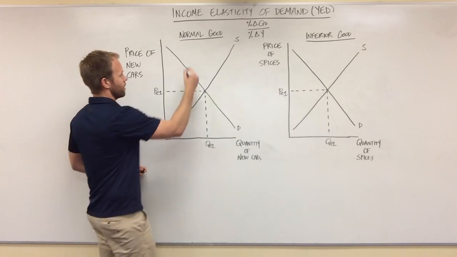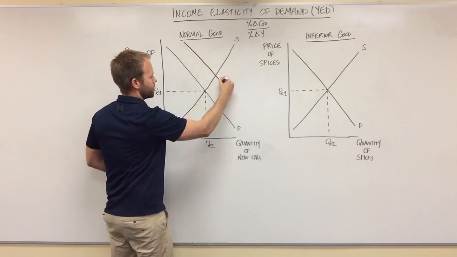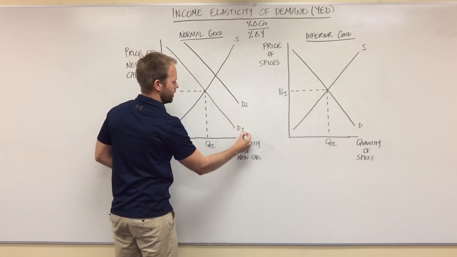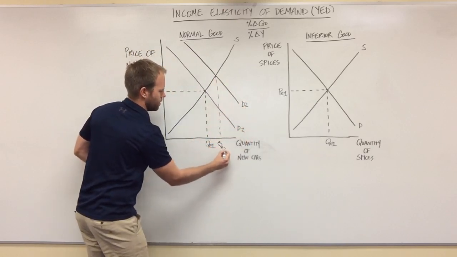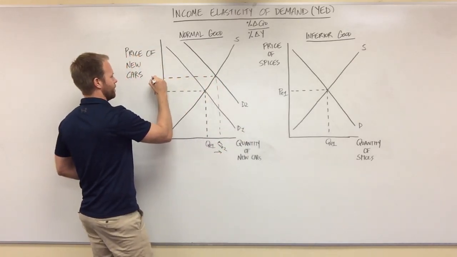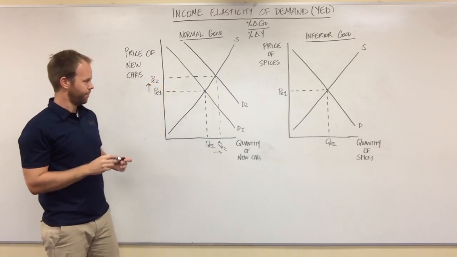So as a result, in that 10 years of a nice rate of economic growth, there was an increase in demand for new cars. We had a change in the quantity equilibrium, and probably more importantly in the price, right?